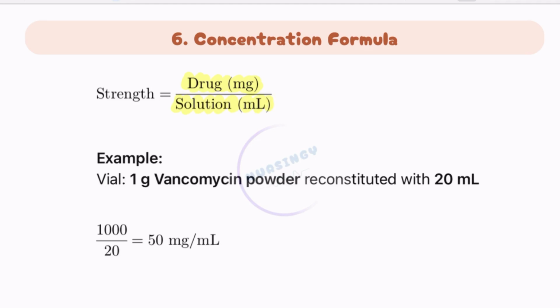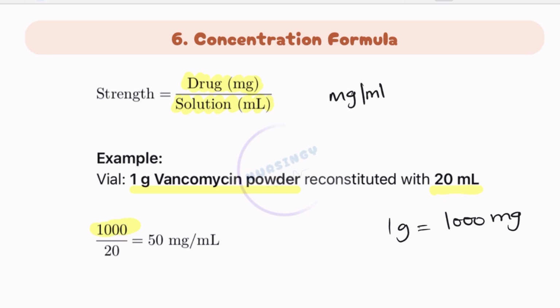Just for example, 1 gram of vancomycin powder we need to reconstitute with 20 ml of water. Then we need to find out how strong the output drug will be. So we will divide 1000 mg, that is 1 gram, because we are going to find concentration in mg per ml.